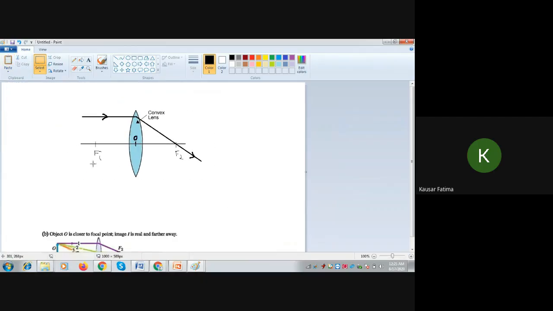So this is F1. F1 and F2 will be at the same distance from the lens. If this is 2 centimeter, this will also be 2 centimeter from the lens. This is focal length. Focal length is measured in meter or centimeter. I will just elongate this line so that I can show F and 2F.